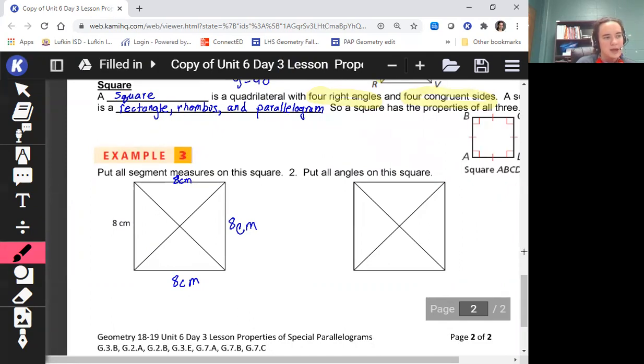Now remember that we have 45, 45, 90 triangles. So our diagonal is 8 square root of 2 centimeters. Which means that half of the diagonal is 4 square root of 2 centimeters.